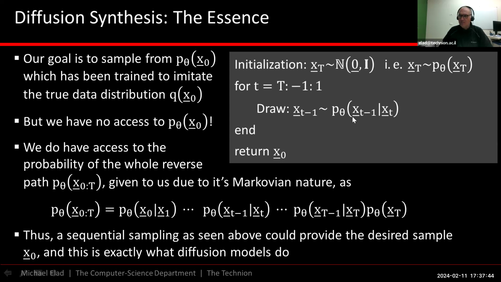Luckily for us, these are considered as Gaussian in most cases, so we know what to do in order to sample them. And we end up with a chain of xt's all the way to x0, and then we forget about the line of xt's, take the last one, and this is our solution. This is a typical diffusion model.